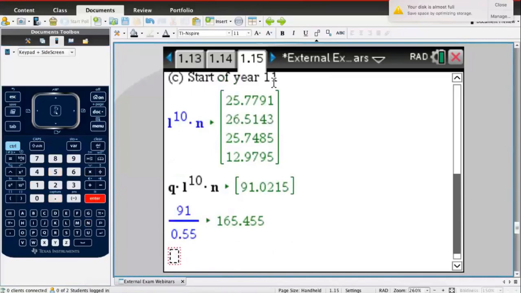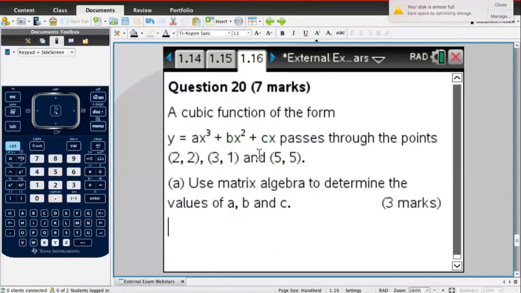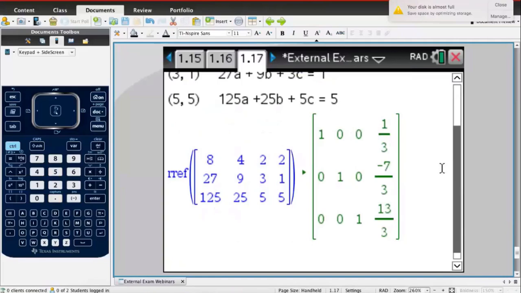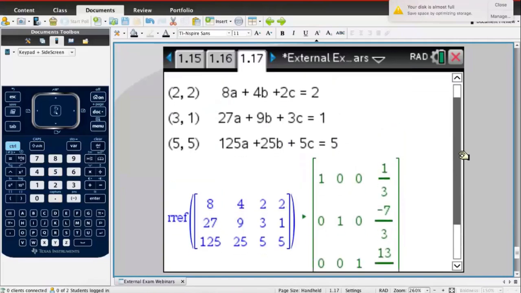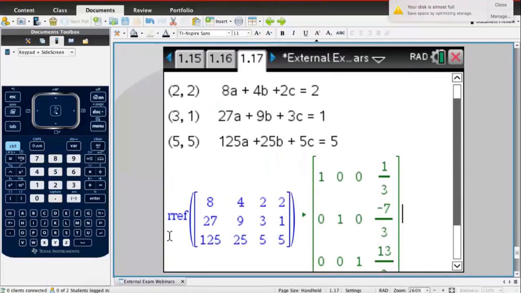And finally, the last question, this cubic function passed through 3 points. So you could easily set this up as a system of simultaneous equations. And the command called the RREF command, so row reduced echelon format.